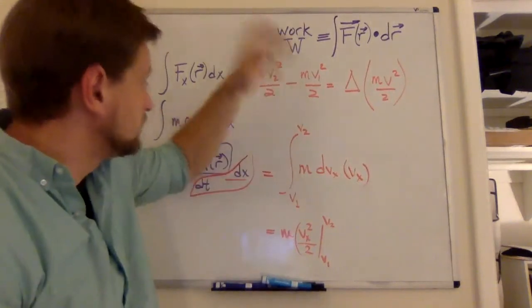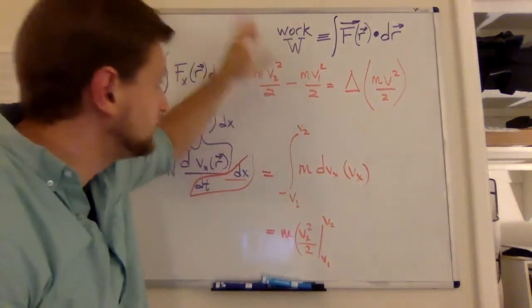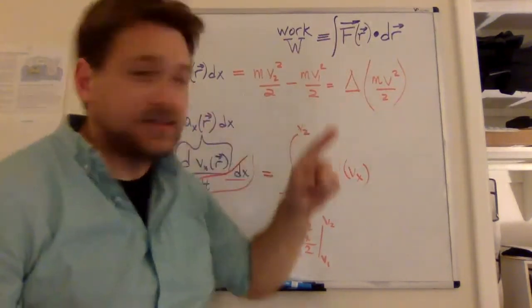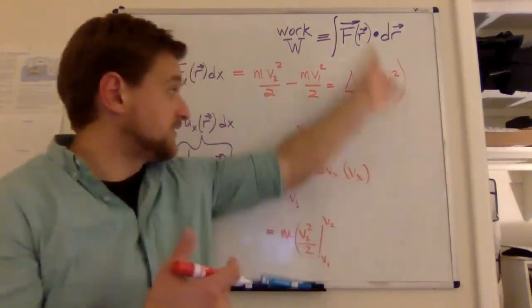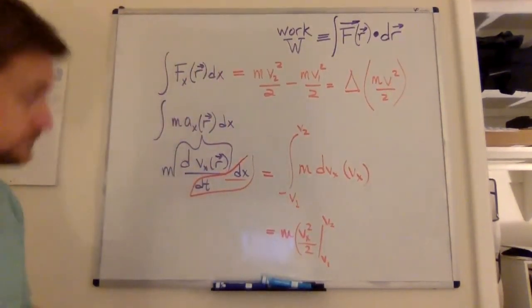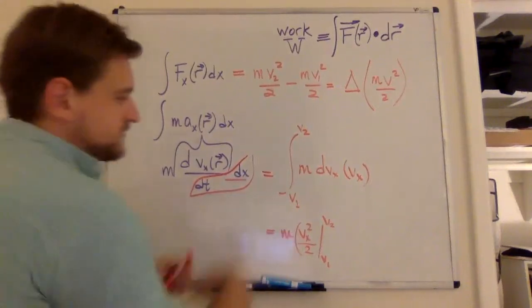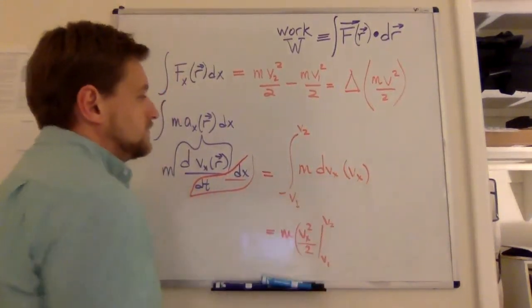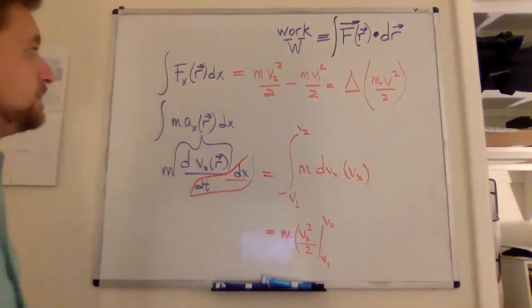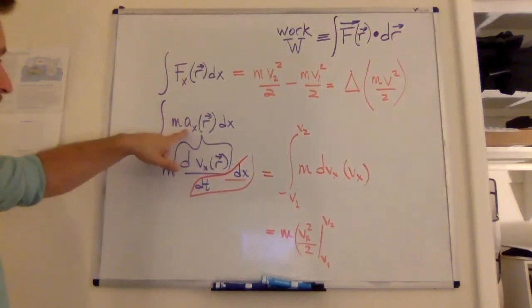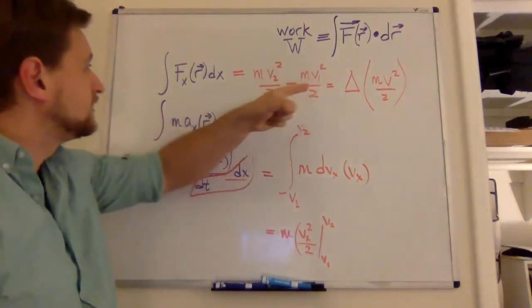Evaluate at position 2 or state 2 or condition 2, subtract condition 1. That's the delta. That's the change in whatever this stuff is. Now, this is Vx, I guess. So there's one of these in Vy, there's one of these in Vz. But if we kept the vector in, I think we'd end up with the same result.